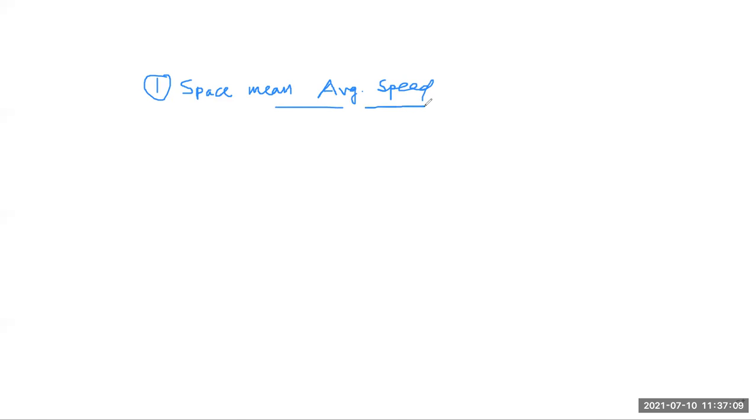So how do we define this space mean average speed? Space mean represents the average speed of the vehicle in a certain road length at any time.